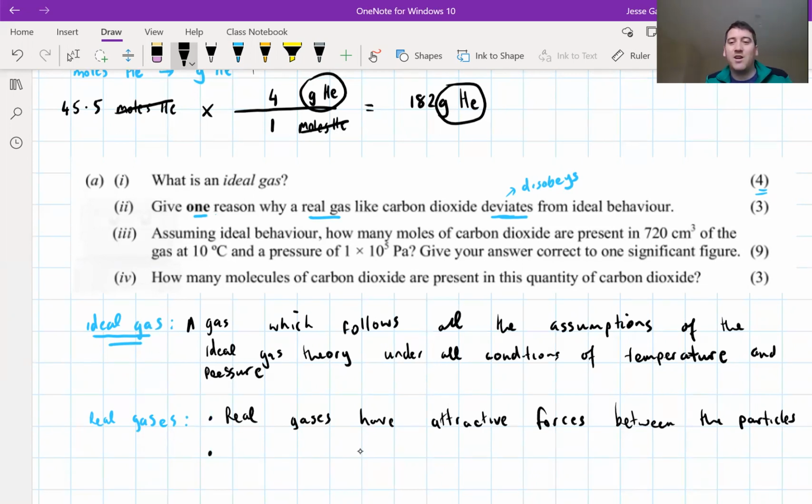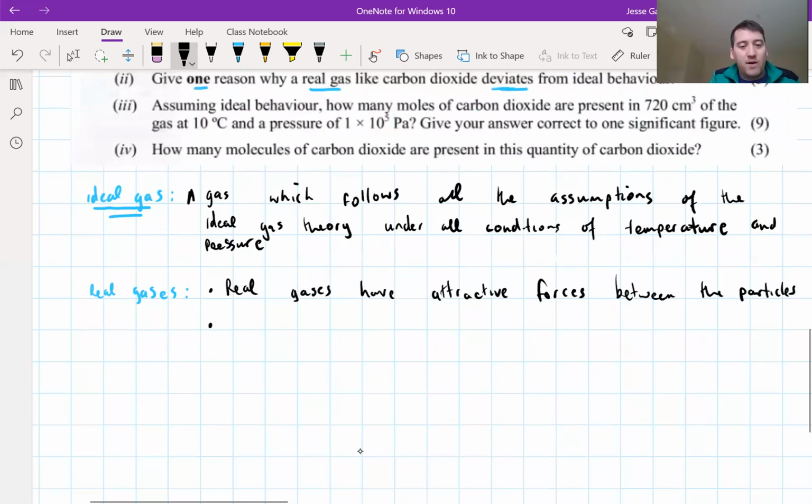Another one you could have said, another one of the assumptions is that the size of the particles of a gas is negligible or is minuscule compared to the spaces between the gas particles. Now, what that says is that, for example, I'll show you when this isn't true.